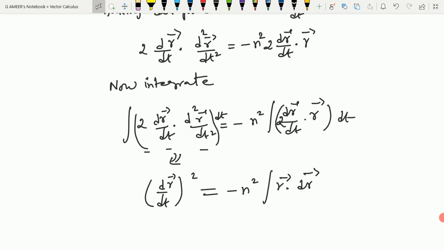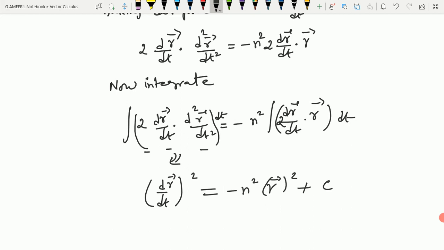So then again the same story here. When I have 2 times dr by dt and r, then again the square will come. The function square means r square will come. So then what I have here? It is simply r square, plus we need to put the integration constant c.